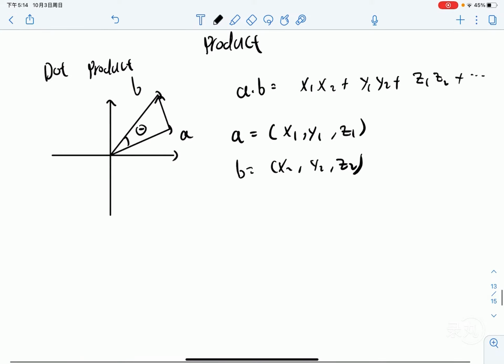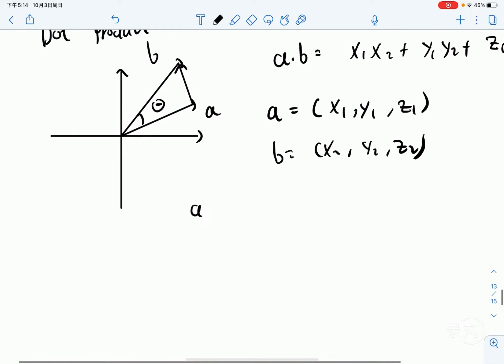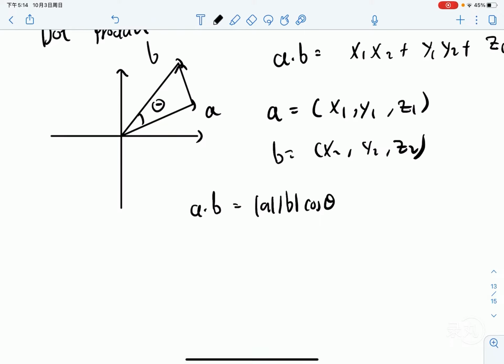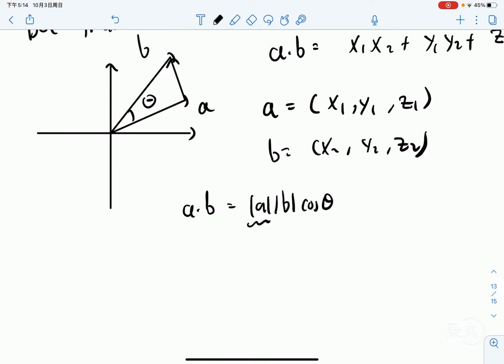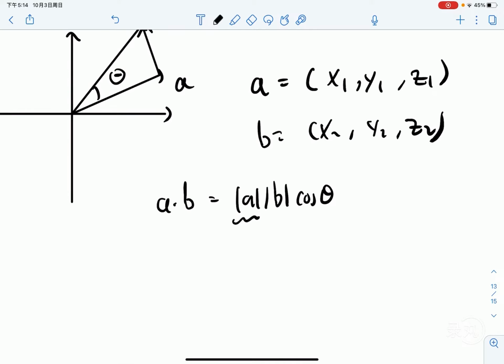Now there's a property for this, which is a dot b equals |a||b| cosine theta, where the magnitude is how small or large the value is.